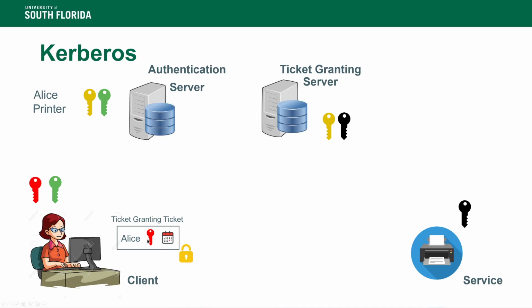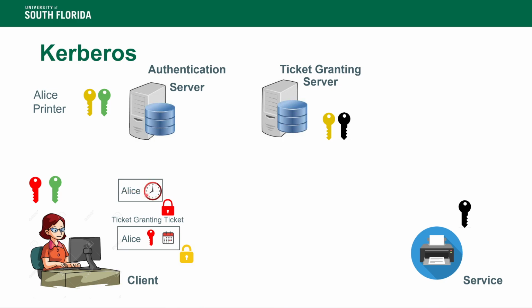But first, she uses her key to decrypt the key that was sent to her in encrypted form by the authentication server. So at this point, she has the red key. Then, she doesn't know how to decrypt the ticket, but she just sends it back to the ticket granting server together with an encryption of her information and a timestamp.